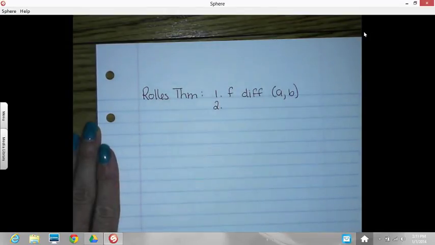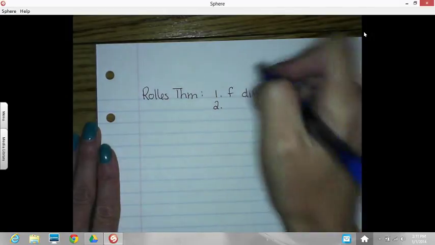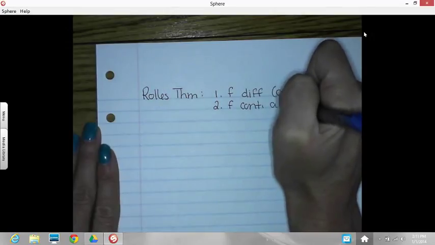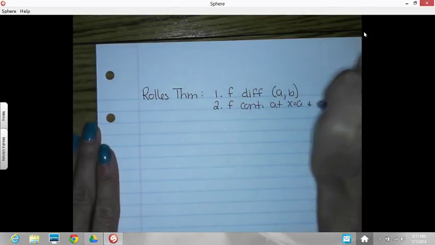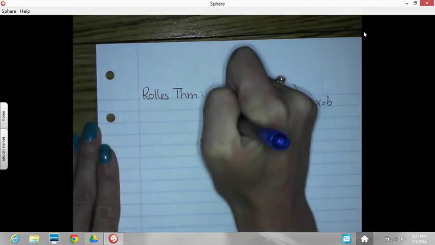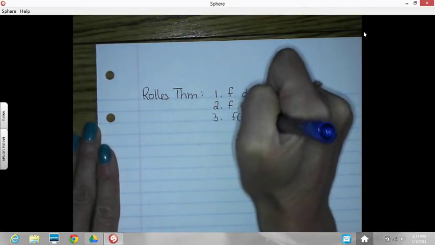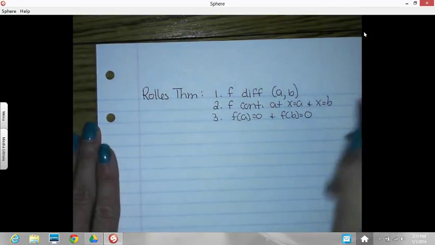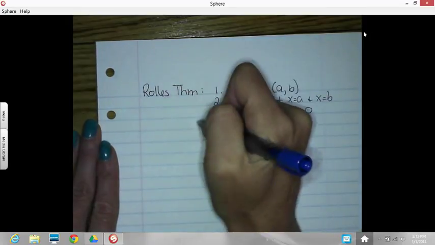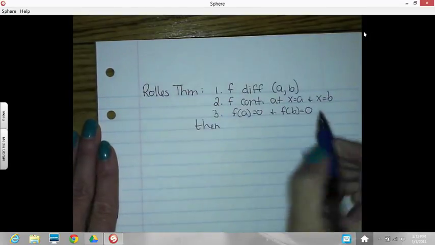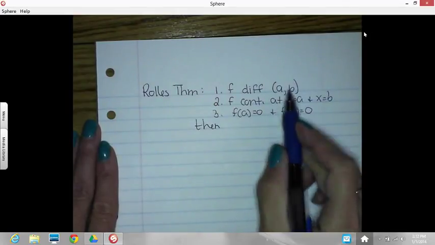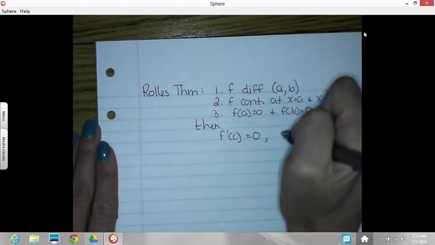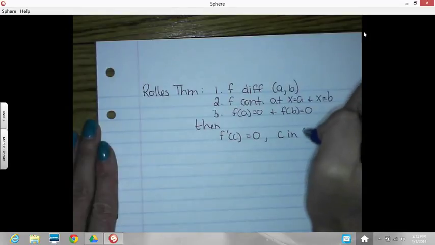The second one, f continuous at a and b. And the third condition was that f of a had to equal 0 and f of b had to equal 0. If those three conditions were met, then there was a c value in between where f prime of c equaled 0 and c was in the interval from a to b.